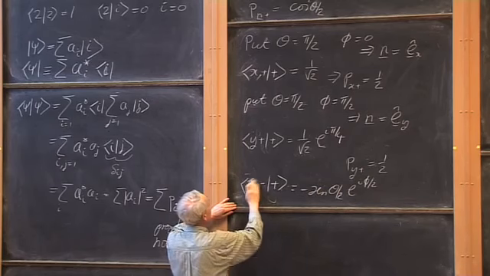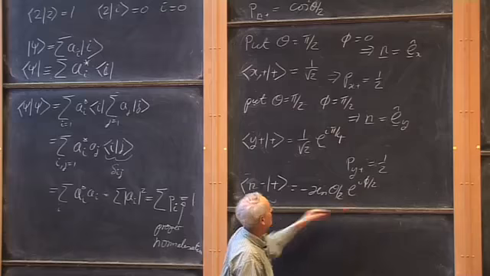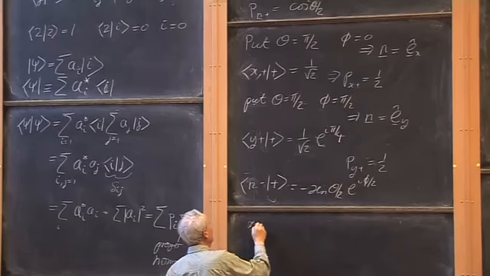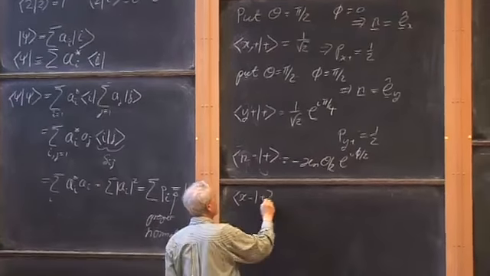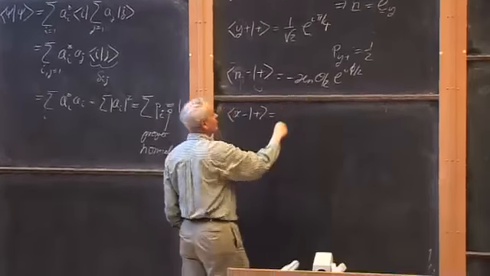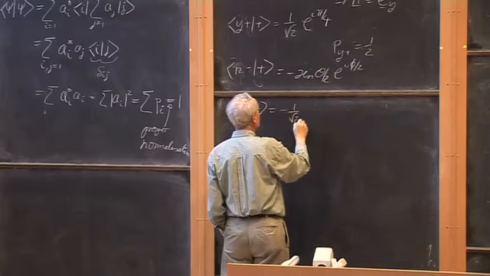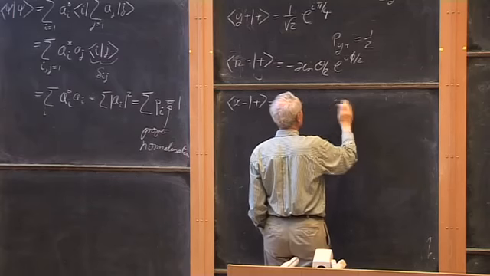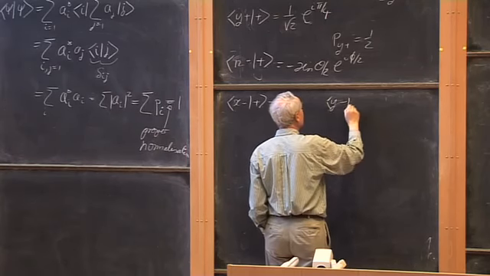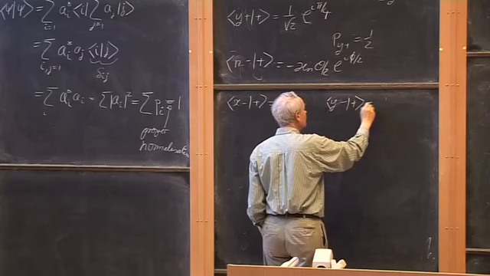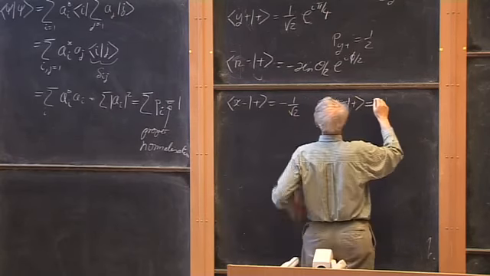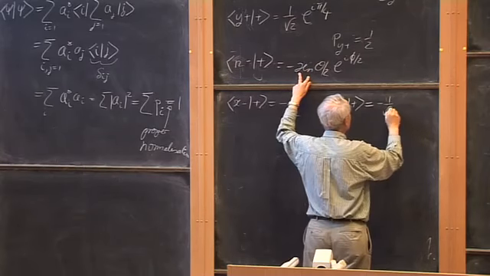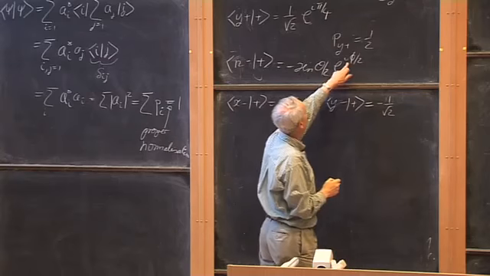Actually, let's just make this n minus, right? Then now I can, from this formula, deduce the x and the y ones, which is what I want to do. I have that x minus plus, I have to put theta upon 2 in here. This is going to be minus 1 over root 2. And I'm going to have that y minus plus is going to be, so in that case I'll have a 1 over root 2 here, I'll have minus 1 over root 2, and then here I'll have an e to the i pi upon 4.